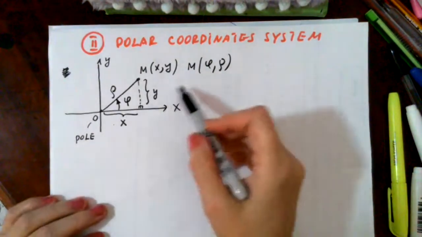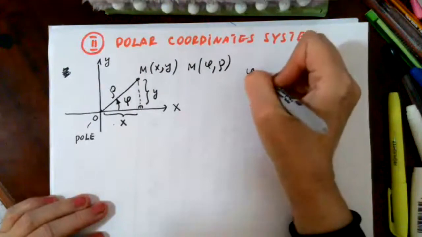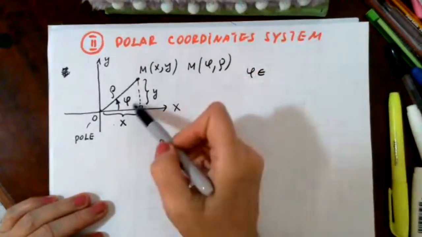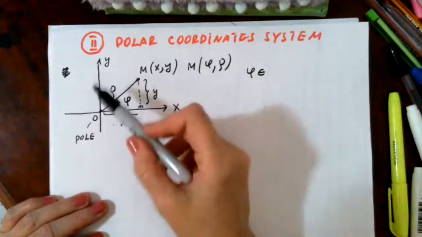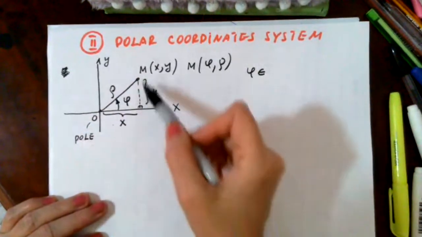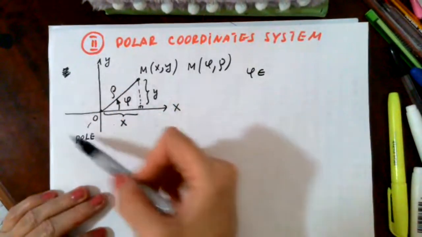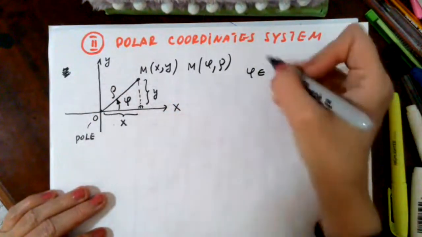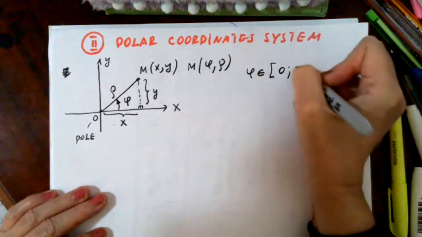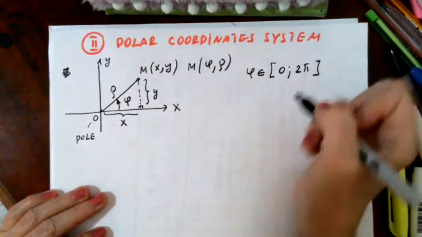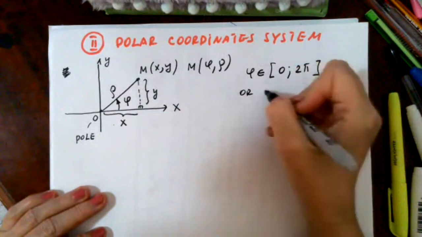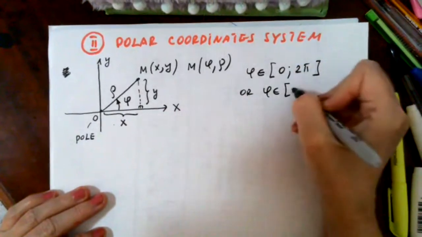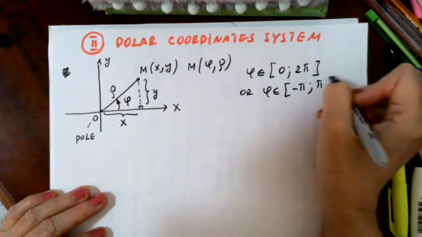As you can see, the polar angle phi coincides actually with the trigonometric angle. If you imagine this unit circle here, you realize it's exactly a geometrical angle. This is why you can measure it from 0 to 2 pi. Or, if you prefer, from minus pi to pi. It doesn't matter, actually.